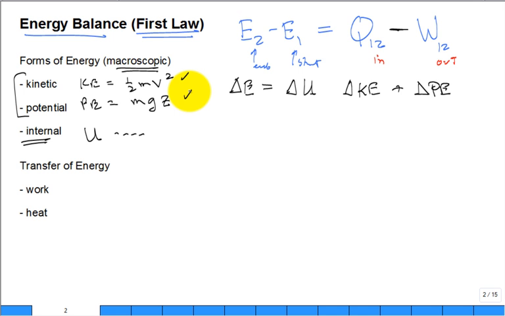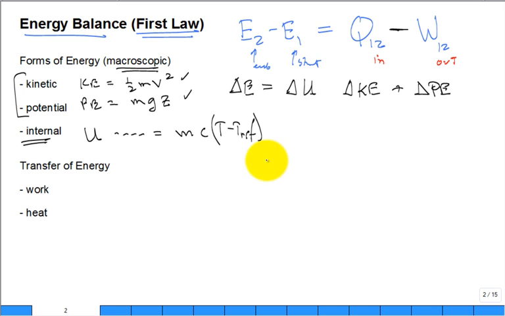But what you can think about is that it's roughly the mass of the system, some appropriate specific heat, and some temperature change. Or just put temperature minus reference temperature.